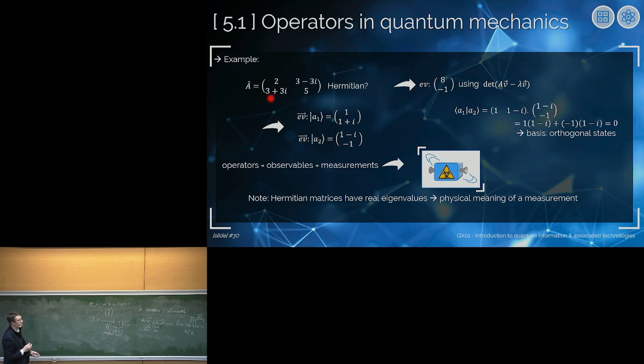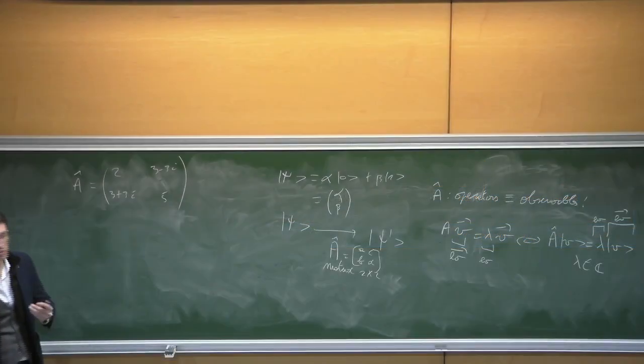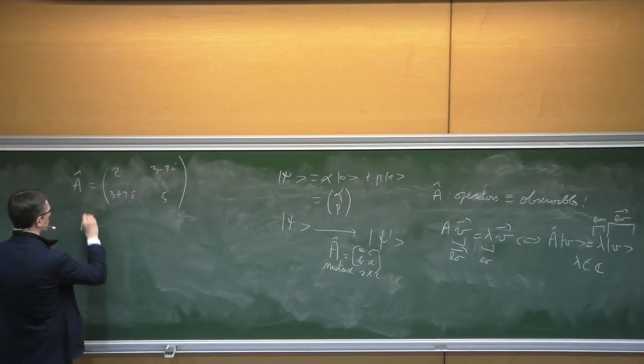So I've got this matrix, which again in the physical world is an observable. And then I've got these numbers. The first thing I need to check is whether A equals A dagger.